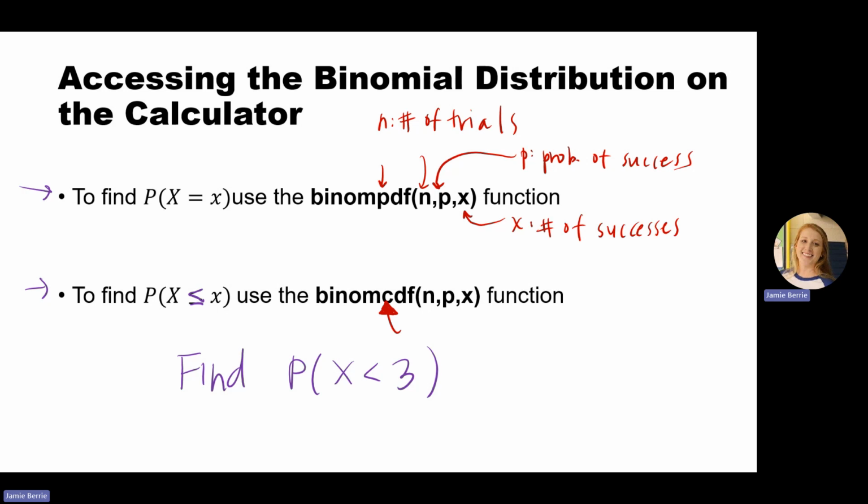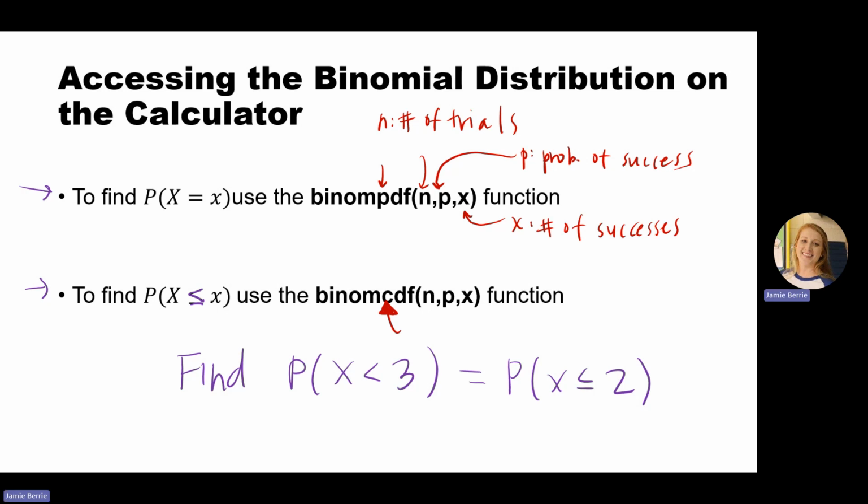You sometimes will have to make little adjustments so that we can frame the question in such a way that our calculator is able to find that probability. For example, if the dog catches the frisbee less than 3 times, that's the same thing as saying that he catches it 2 or fewer times. So we may have to make some small adjustments to frame the question in such a way that the calculator can handle it.